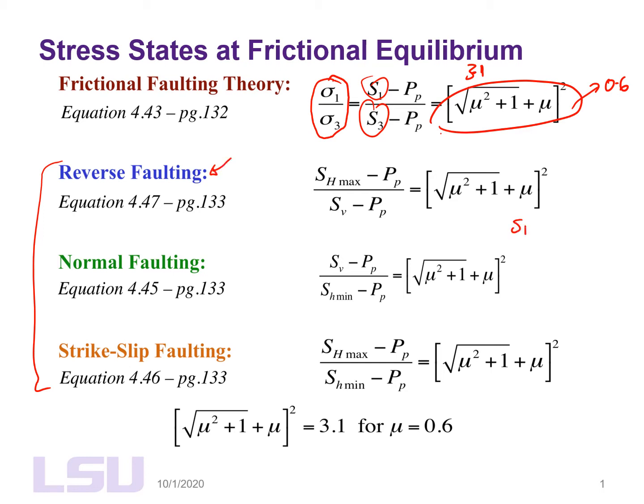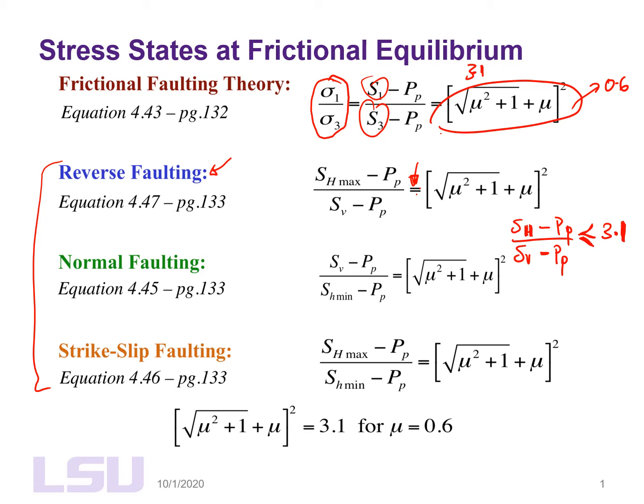For reverse, I'm just going to write capital SH as SH max and small sh as SH min. So this is what you have, right? It's at that point when it's about to slip that this value equals that. Before slip, it's less than, so I'm going to use less than or equal to 3.1.